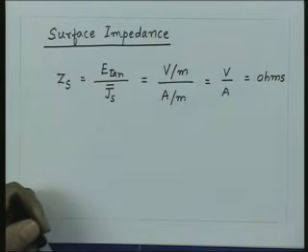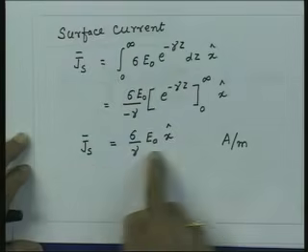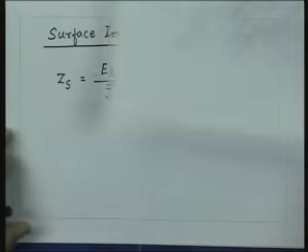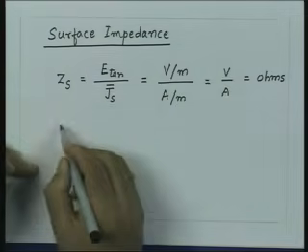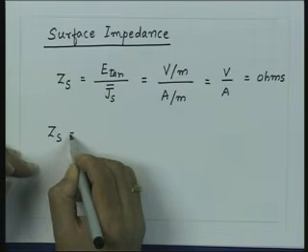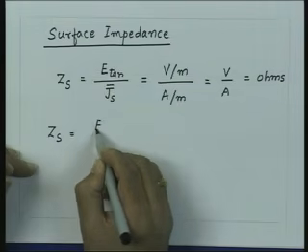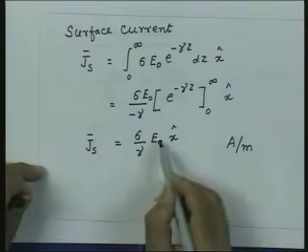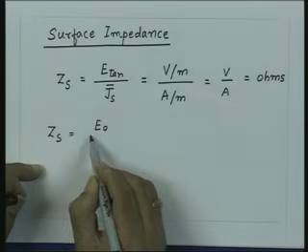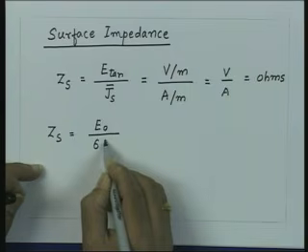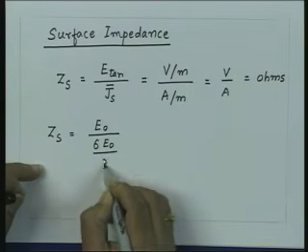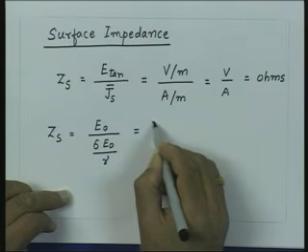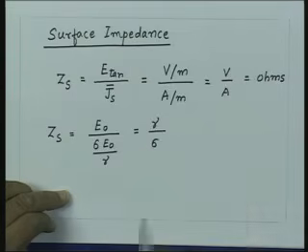Now if I substitute from this expression for Js and the tangential component of electric field, which is E0, essentially we get this quantity Zs, that is equal to the tangential component E0, and the surface current which we got here, which is sigma E0 upon gamma. So surface impedance is equal to gamma upon sigma.